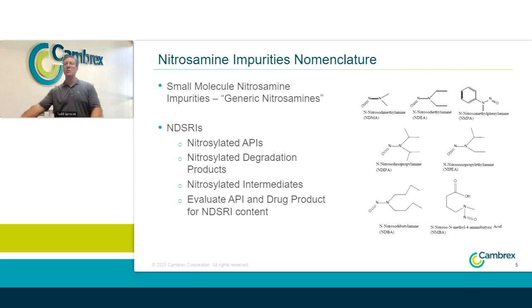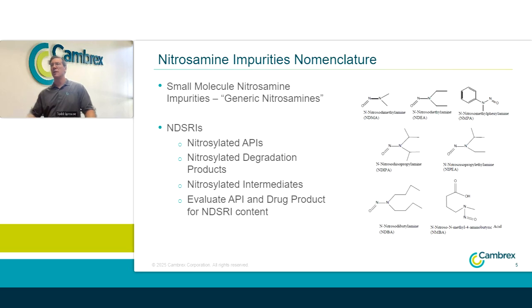Just a little bit of nomenclature. We've been working with these for a couple of years, and I started within my lab using the term generic nitrosamines. These are, the guidance calls them the small molecule nitrosamine impurities. These are the NDMA, NDEA, all of the nitrosylated amine bases. And I kind of call those generic nitrosamines because they can be present in anything and potentially from anything throughout the process.